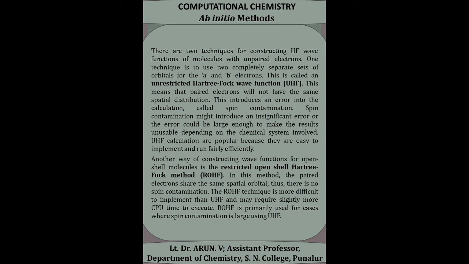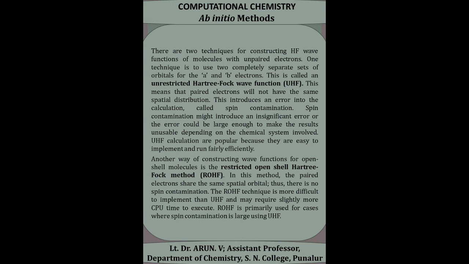There are two techniques for constructing Hartree-Fock wave functions of molecules with unpaired electrons. One technique is to use two completely separate sets of orbitals for the alpha and beta electron spins. This is called the unrestricted Hartree-Fock wave function, or UHF.